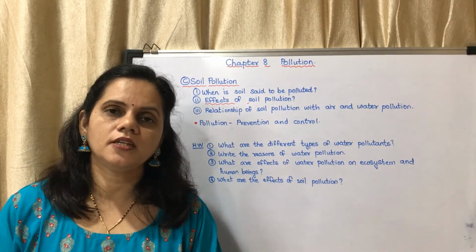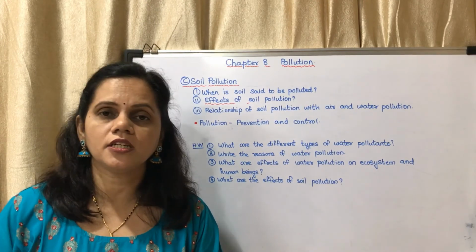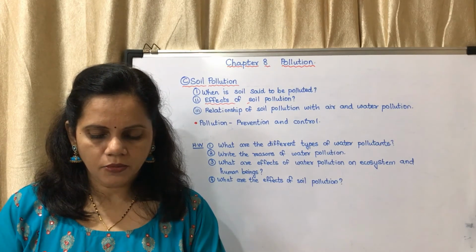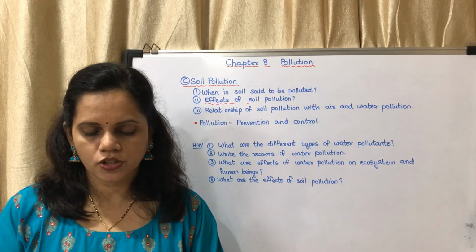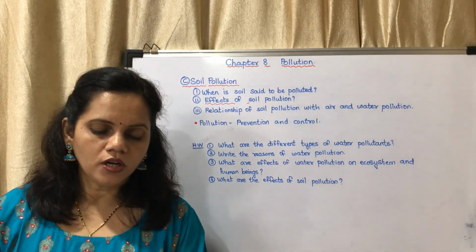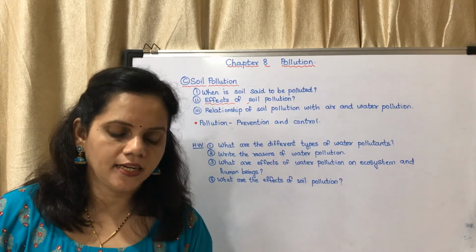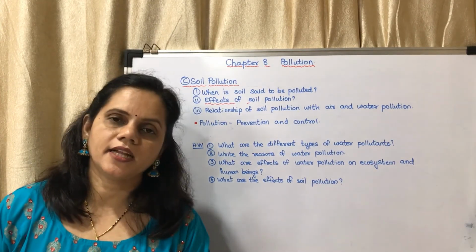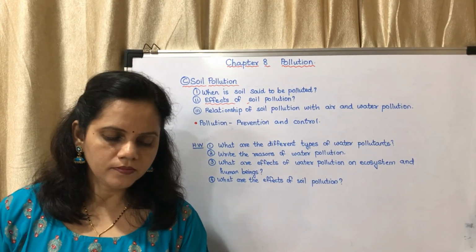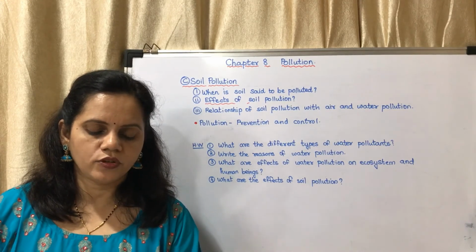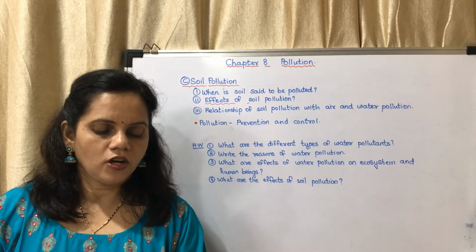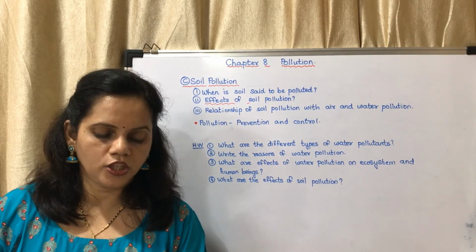Now the next is prevention and control of pollution. Government of India has enacted some laws for control, regulation and prevention of pollution. What are the laws? Water Pollution Prevention Act 1974, Air Pollution Prevention Act 1981, Environmental Protection Act 1986. You have to learn the names of these laws. Various laws and rules are in force in relation to biomedical waste, harmful effluents, solid waste and sound pollution.